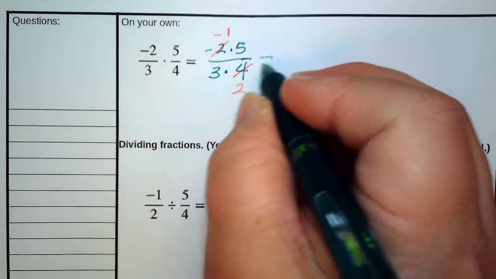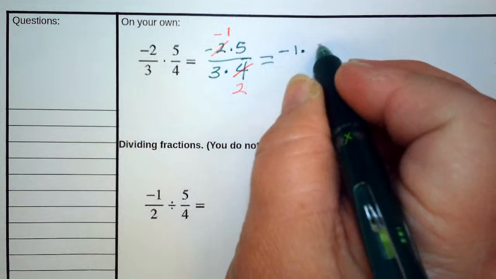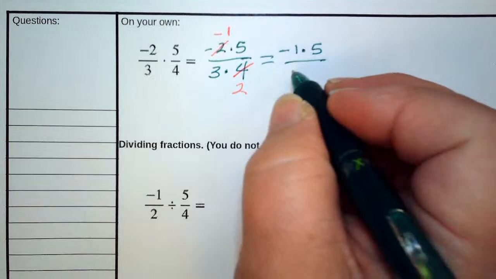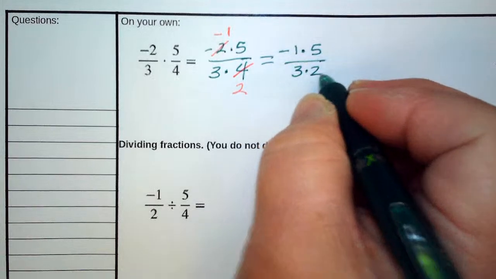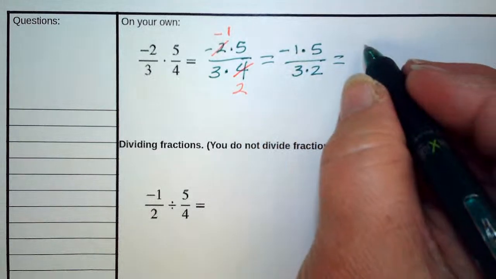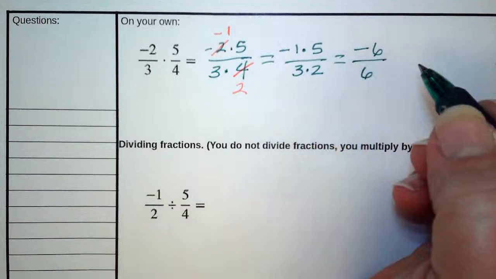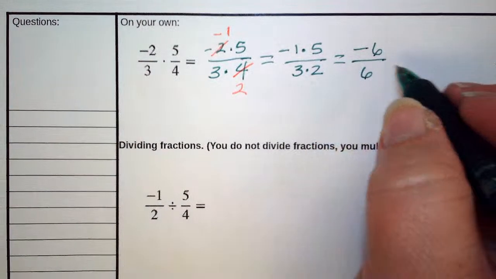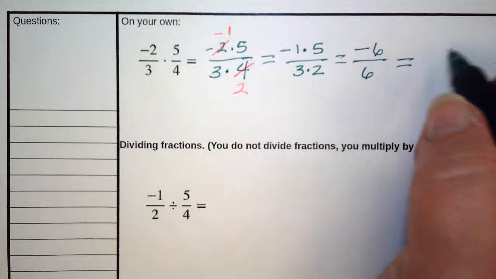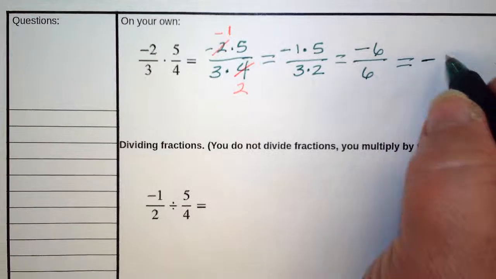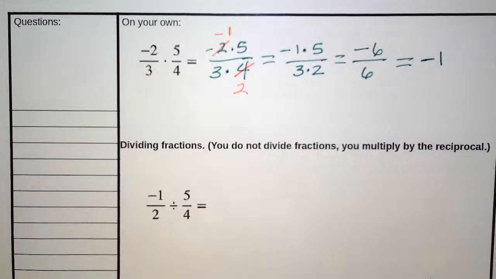So this has become negative 1 times 5 over 3 times 2. Negative 1 times 5 is negative 5, and 3 times 2 is 6. Can I simplify? Yeah. Negative 6 divided by positive 6 is negative 1, and I am done.